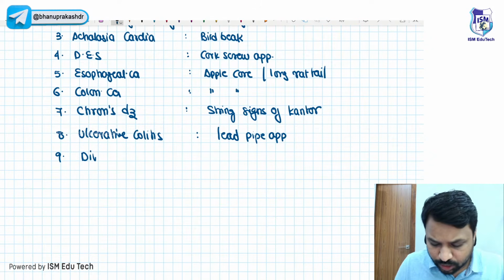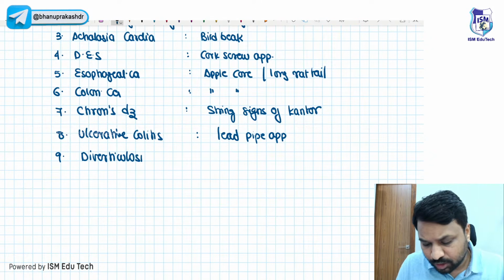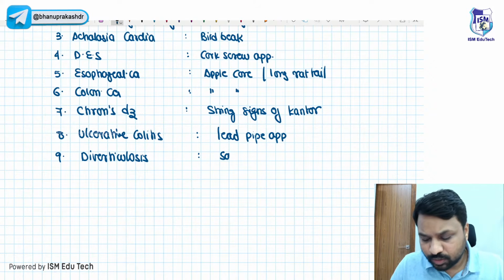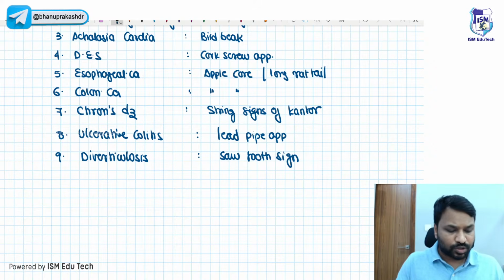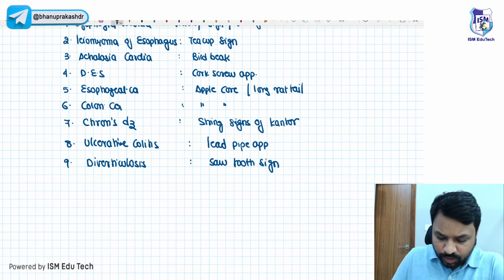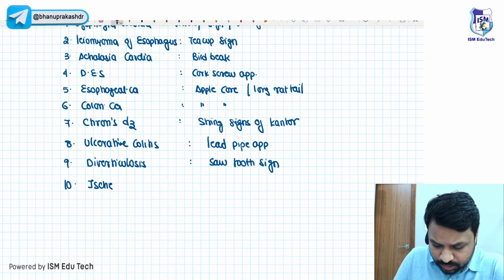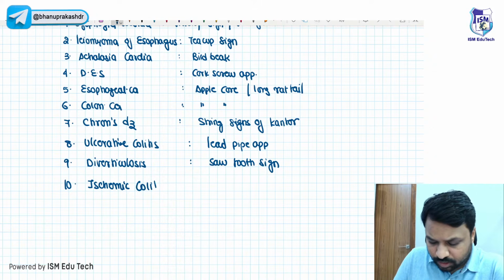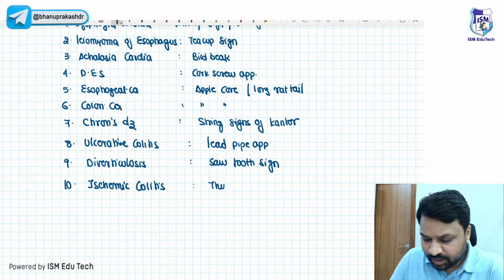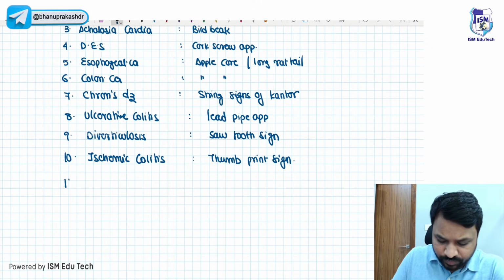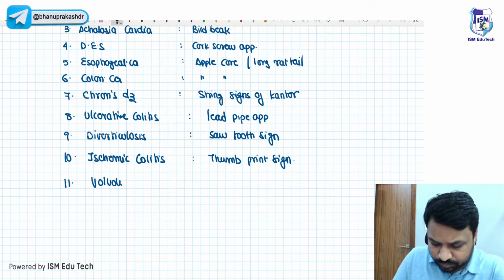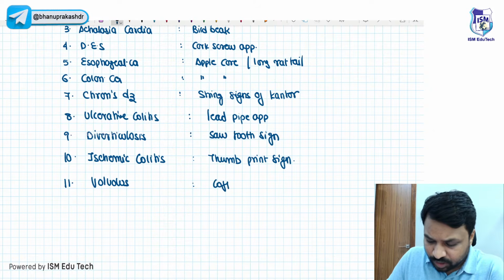In diverticulosis, what do you have on a barium enema? You will have a sawtooth sign, right? What do you have in ischemic colitis? In ischemic colitis, we have the thumbprint sign. In volvulus, you have the coffee bean sign.